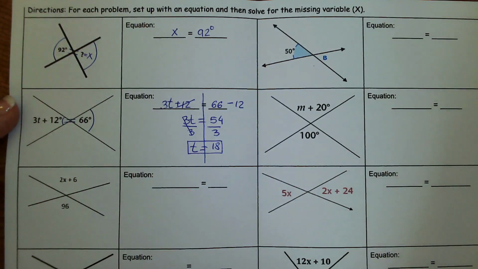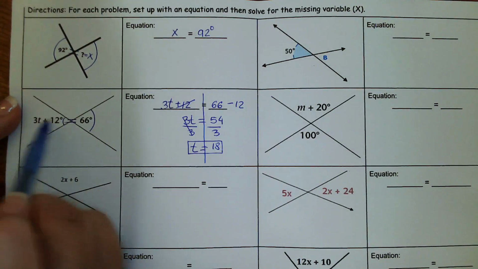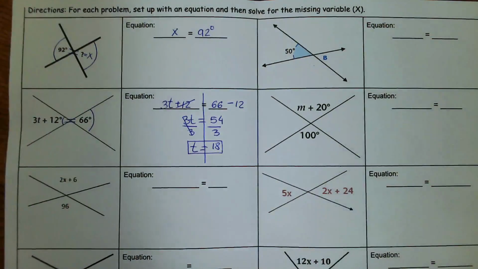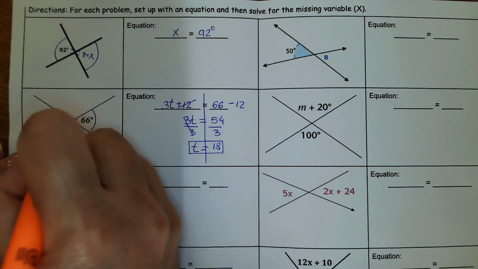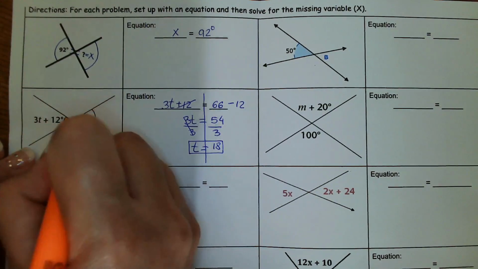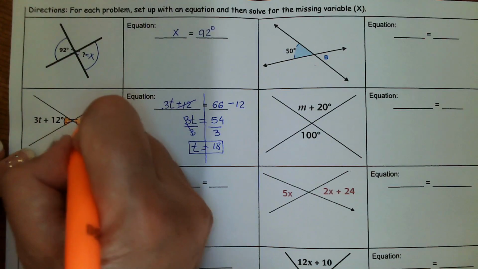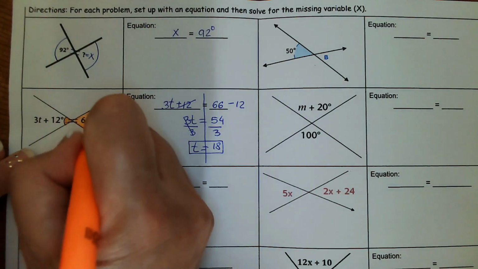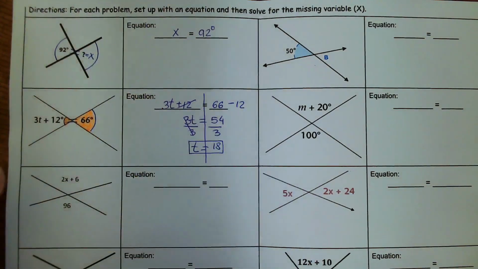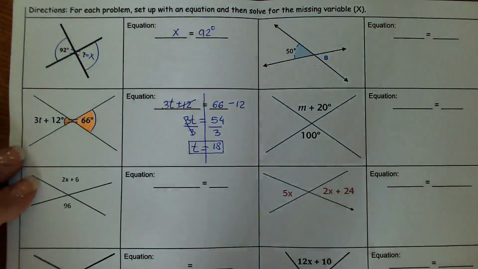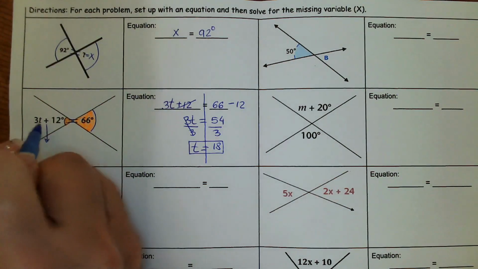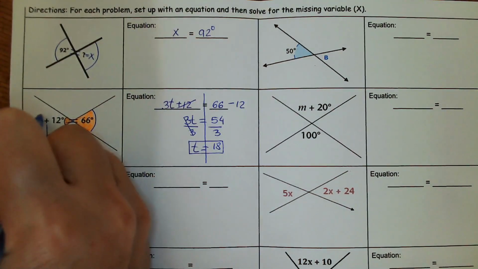If the problem says find the angle, this angle has to be 66 as well, because they are congruent to each other, because they're vertical. So to make sure that we had the problem solved correctly, this 66 degrees will show up if I substitute in this expression, instead of t, 18.